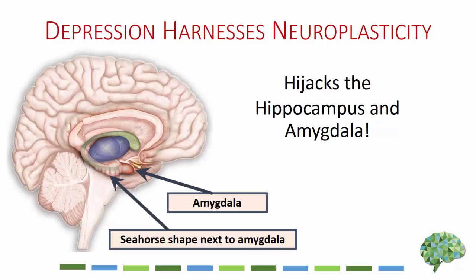The problem is that as depression persists, it harnesses neuroplasticity. Basically, depression hijacks the links between the hippocampus and the amygdala. Other brain centers are involved, but this is where depression has the most leverage because it colors all of our thinking.